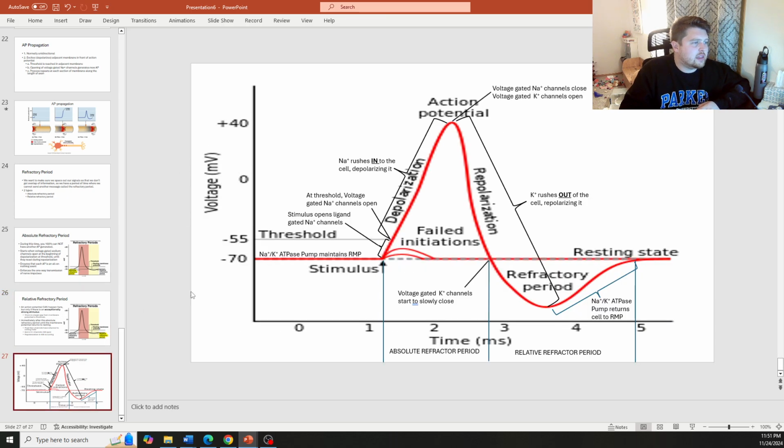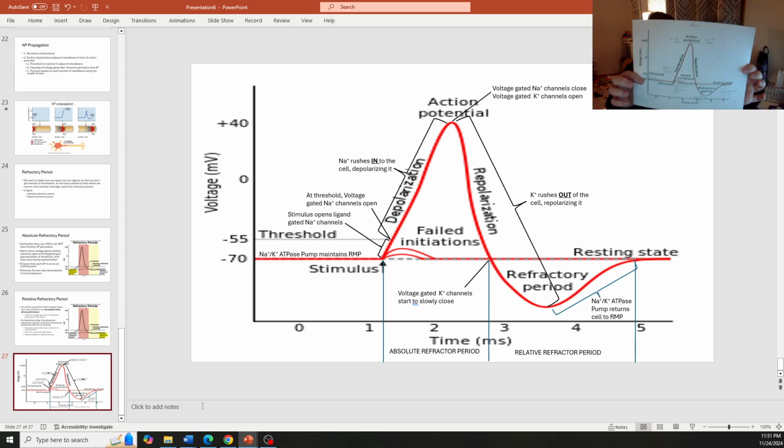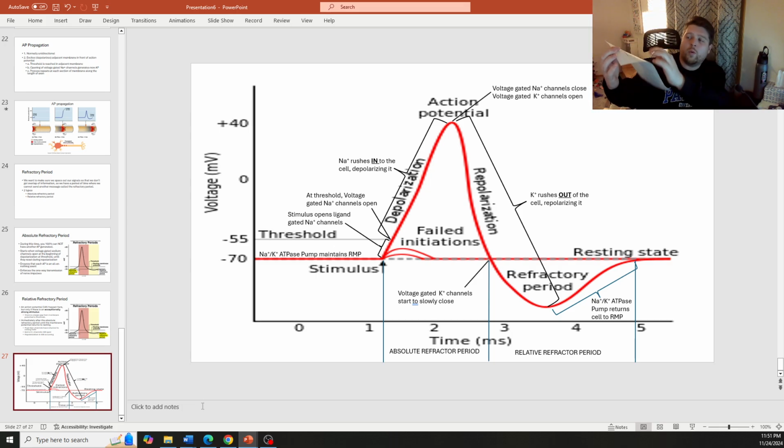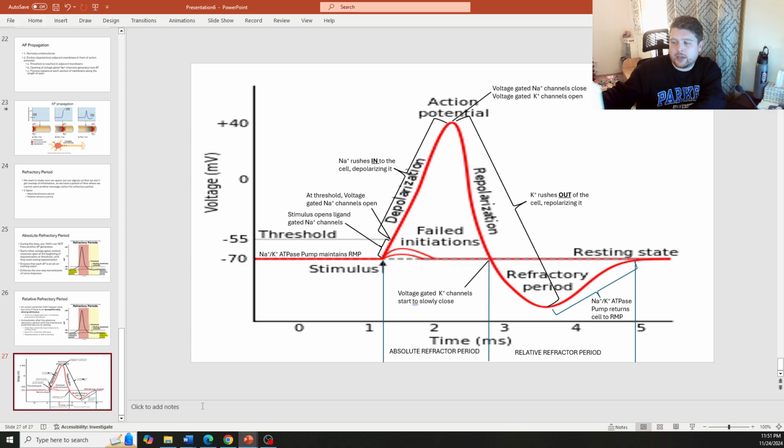Okay. This last slide, I went ahead and made this for you guys. I actually can show you, I have my paper version right here. I made it way back in Try 2.